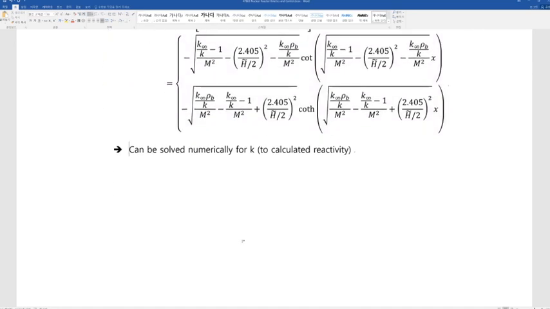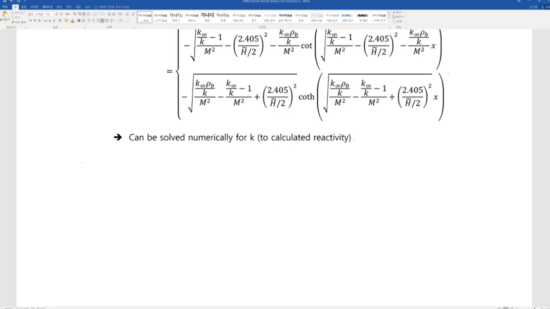So at least what we know is that there are some limiting conditions.